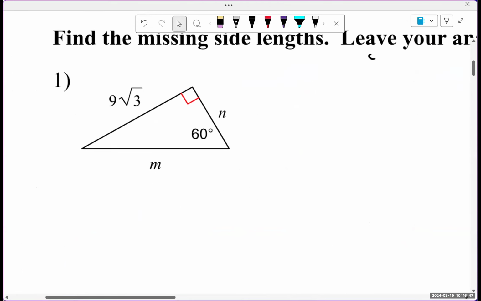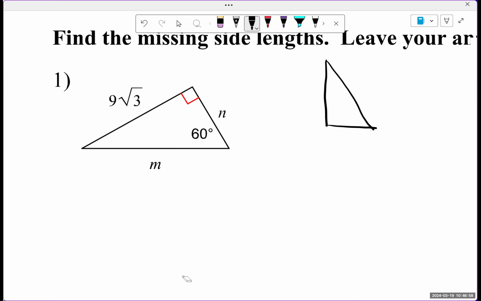Okay, so now I have the long leg. So remember, this was, we're going to call it X, 2X, and X rad 3. What we just had was 5, 10, and 5 rad 3.